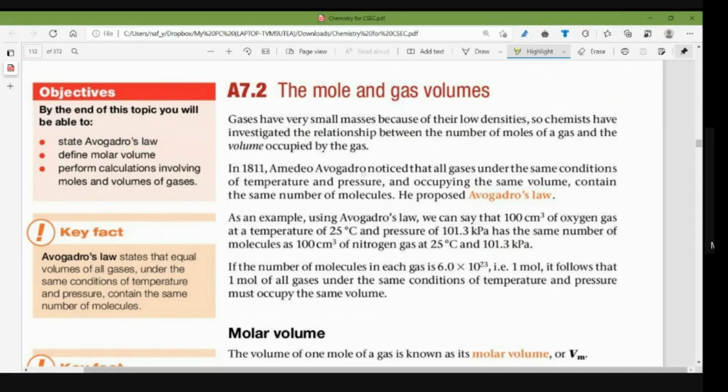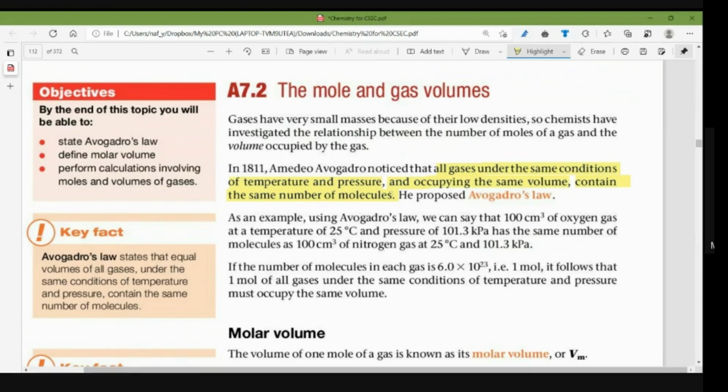Avogadro noticed, and it's very important to know this, that all gases under the same conditions of temperature and pressure, and occupying the same volume, contained the same number of molecules. All gases, ladies.